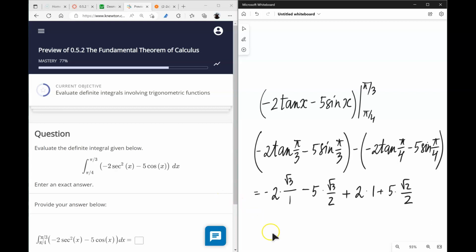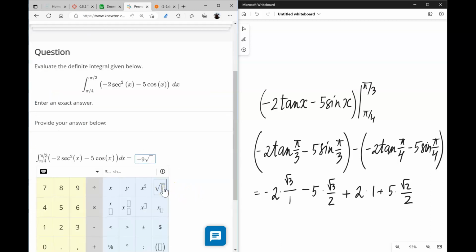And I think we don't need to try and simplify this. We have negative 2, so negative 9 square root of 3 over 2, if we collect all the radicals of 3 plus 2, and plus 5 square root of 2 over 2.